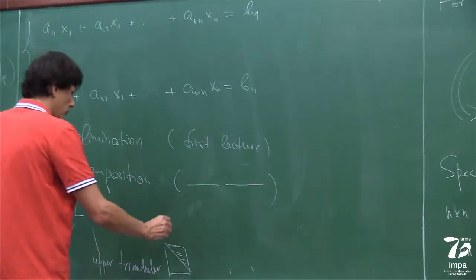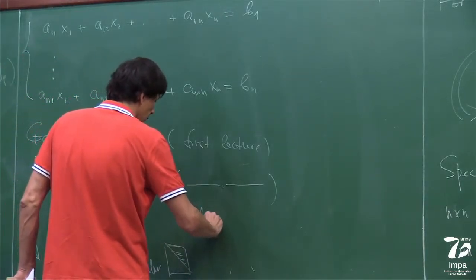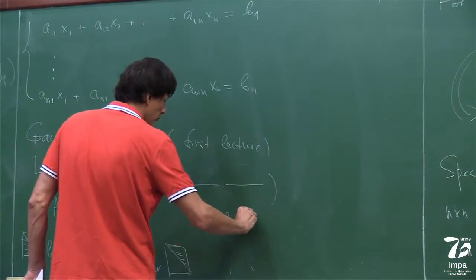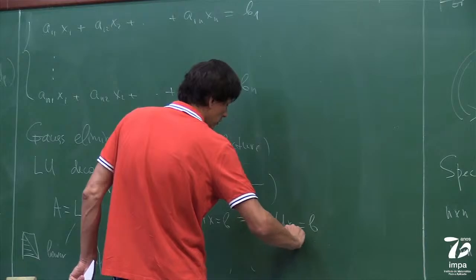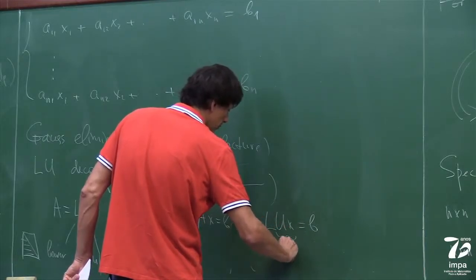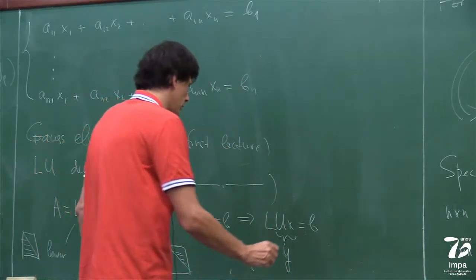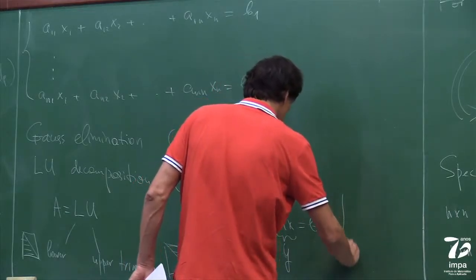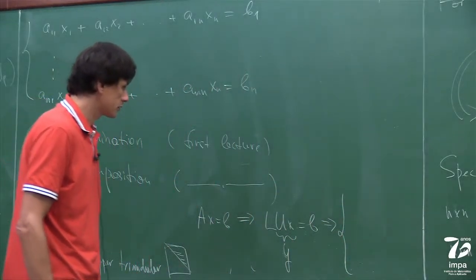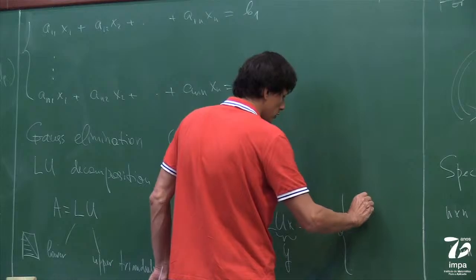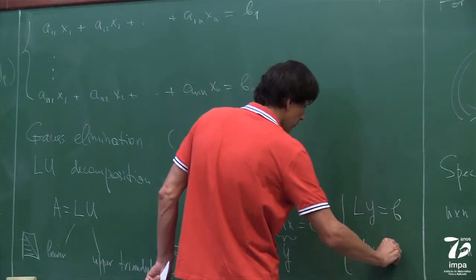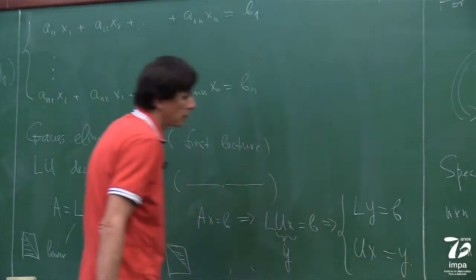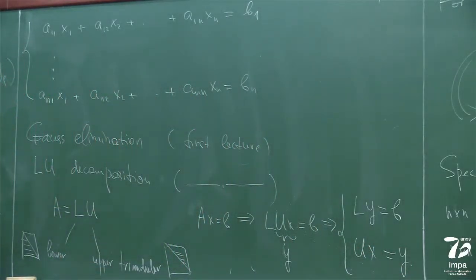Now if you want to solve AX equal B, it means that you want to solve LUX equal B. You call UX as Y. As a result, you get a system of equations. First you solve LY equal B, and then you solve UX equal Y. The first system is lower triangular, the second system is upper triangular.